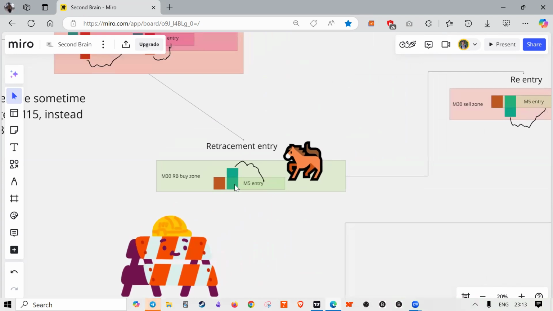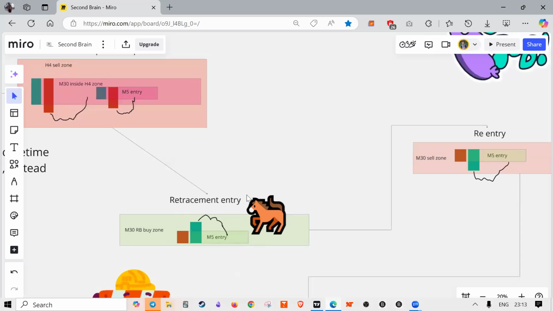We wait till the price creates a new M5 or a new EF for buy. If that happens, we will jump on the wild horse and hope that we buy. But we know that trade will be very short, so this is more for scalping.